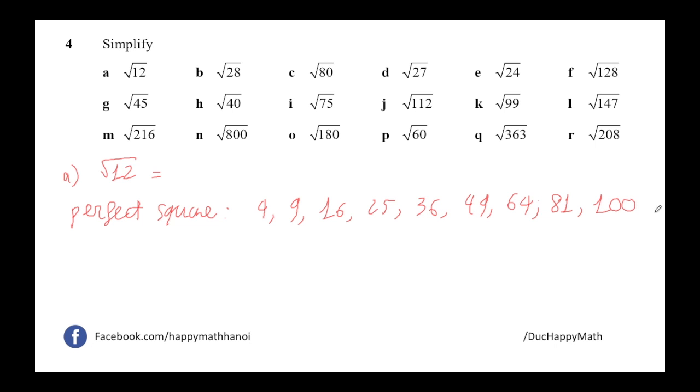I call it a perfect square. So with a perfect square, when you take the square root of the perfect square, you will get an integer number.